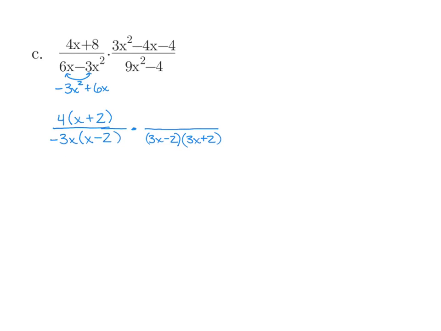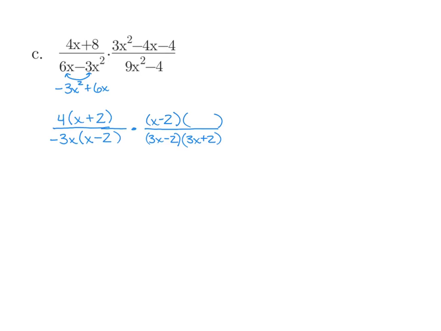Now, all of these, except we're going to ignore the greatest common factor, x minus 2 and our 3x plus 2 minus 2, all of these could potentially be factors for the numerator. Now, to get maximum cancellations, I think x minus 2 is what I want to start with.